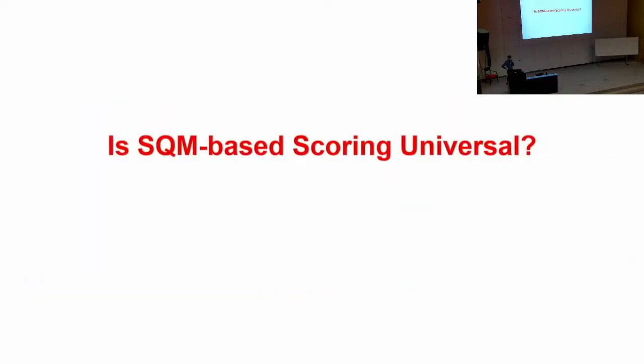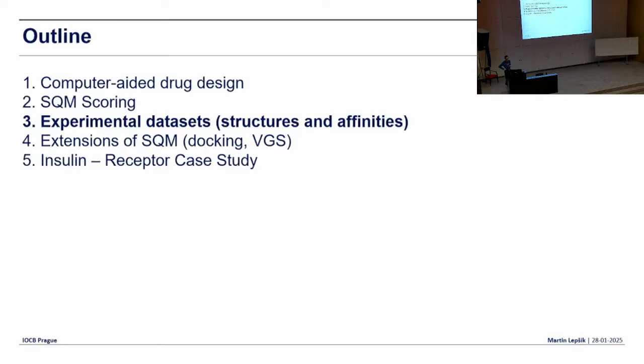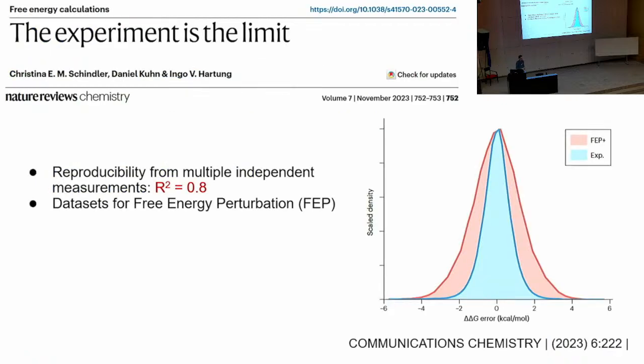So a few years ago we started to ask ourselves, is our scoring function universal? And to answer this question, we had to really go to the experimental data sets.